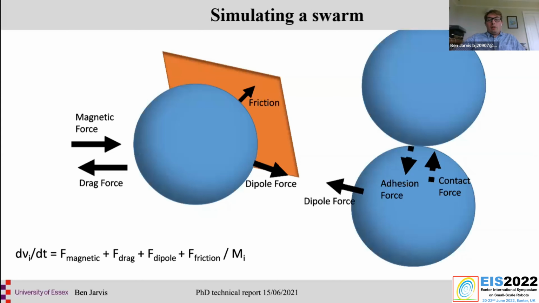So the maths that I've been working with is this fairly simple equation down the bottom. All we're doing here is to obtain the acceleration of the particles at a given point, summing together the various forces on them, as can be seen from the free body diagram, and dividing that by the mass.